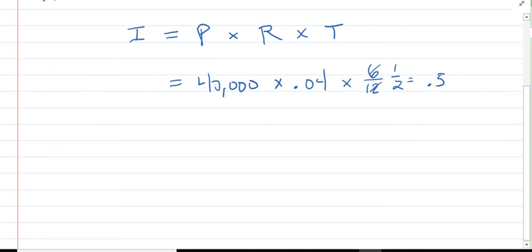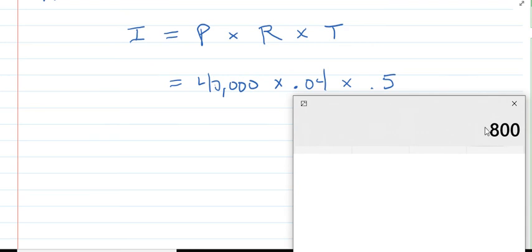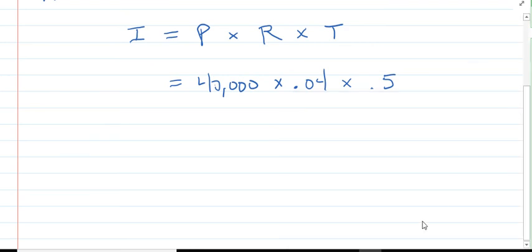Okay, so if we do the math here, I don't know what happened to my calculator. Anyway, it doesn't want to work today. We know that if we do the math, we'll come up with $800, and our interest is $800.